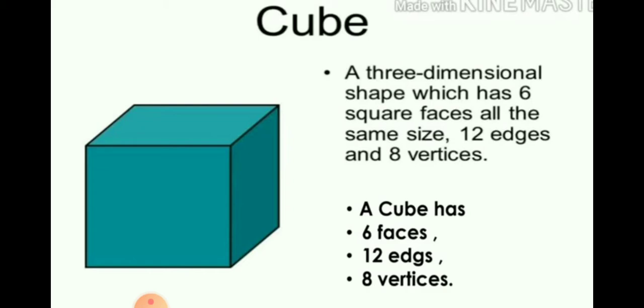Let us see our first 3D shape, that is cube. A 3-dimensional shape which has 6 square faces, all the same size, 12 edges and 8 vertices. So, in brief, a cube has 6 faces, 12 edges and 8 vertices.